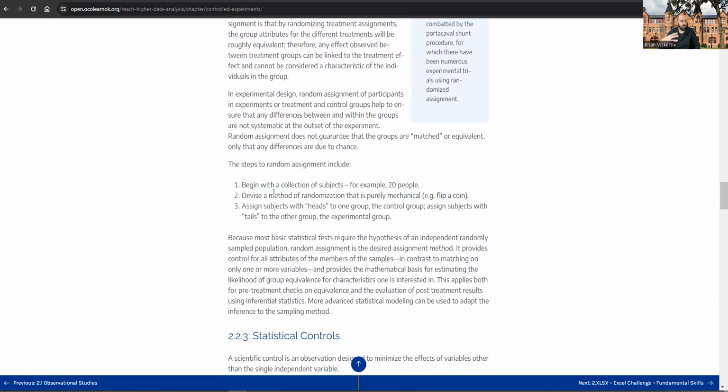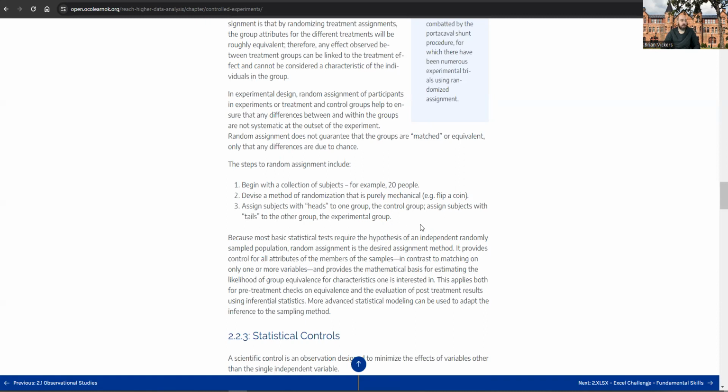So start with a certain number of subjects that you're looking to be part of the experiment. Let's say you have 20 people. Do some kind of randomization. It could be a random number generator, or you could just flip a coin. Everyone that flips heads goes in one group, everyone with tails in another group. You're not going to get exactly 50-50 because, again, it's completely random.